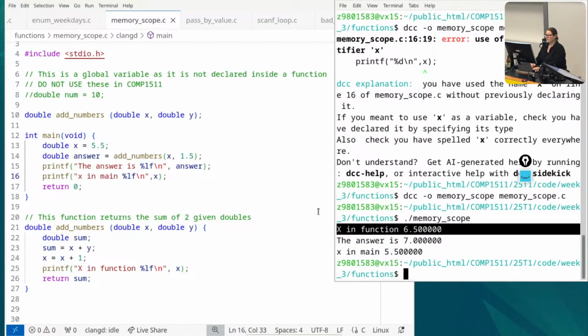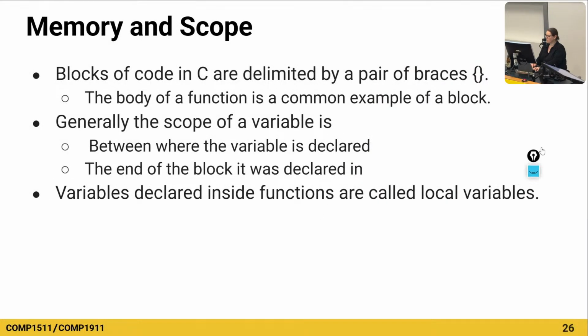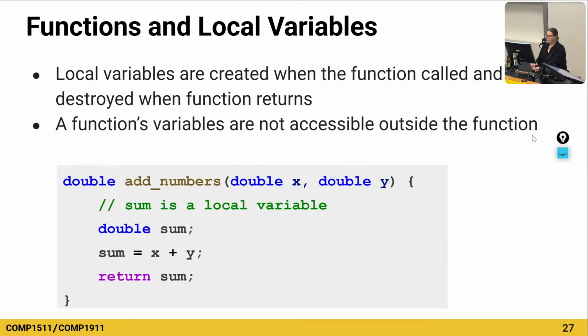Okay, one more concept. So that's memory and scope. That's local variables. They're only available in the block that they're used in. Typically, a function is a common example of a block, but while loops and stuff are blocks too. We've looked at that. This is a local variable.